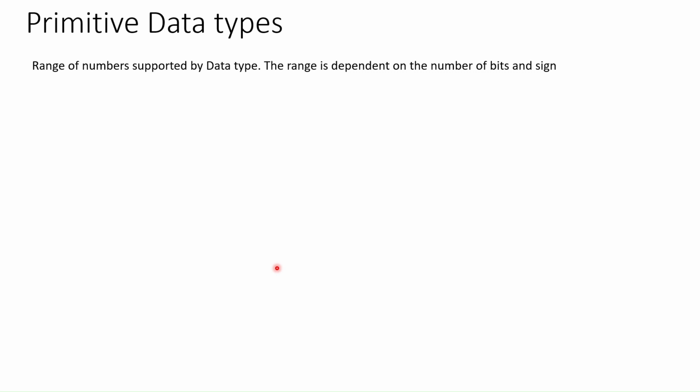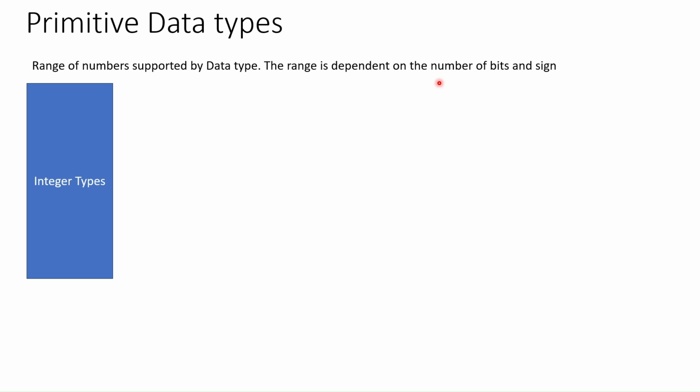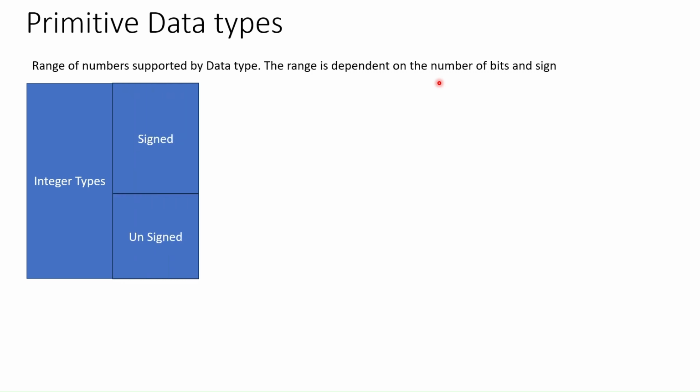Primitive data types have a range. Range means the minimum number or data it supports and the maximum it supports. It depends on the number of bits. For example, integer types have two kinds. One is signed, which has a sign, positive or negative, and the other is unsigned.